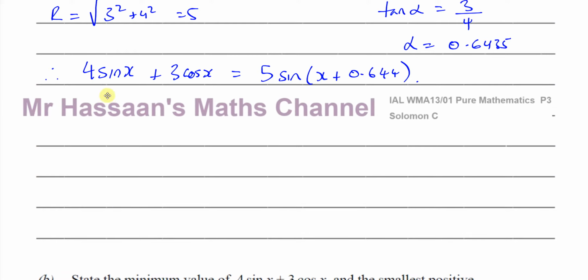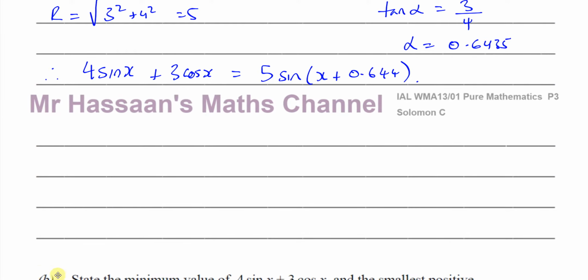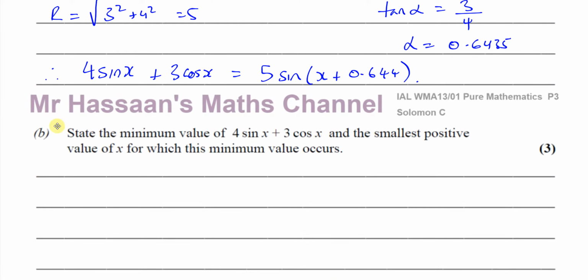Okay, part B, it tells us to state the minimum value of 4 sine x plus 3 cosine x and the smallest positive value of x for which this minimum value occurs. So you have 4 sine x plus 3 cosine x is equal to 5 times the sine of x plus 0.644.